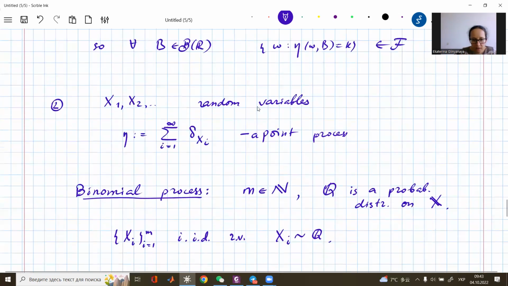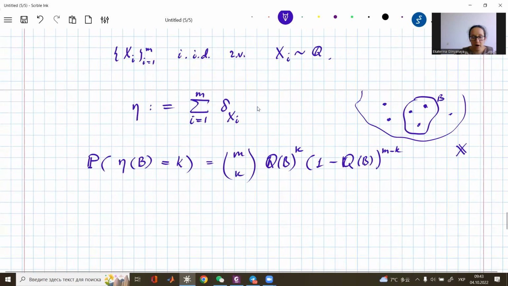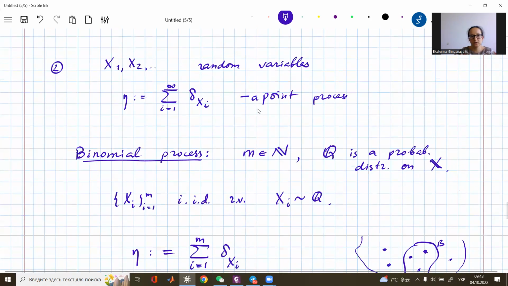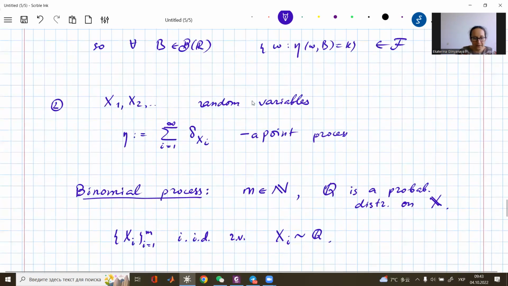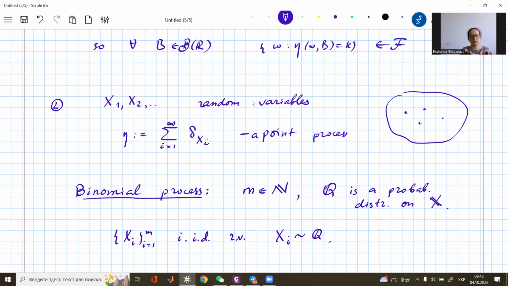With this in mind, we can assume that there exists a point process that cannot be represented in such a way, when we just put random points, random variables, and consider them as a sum of delta measures.